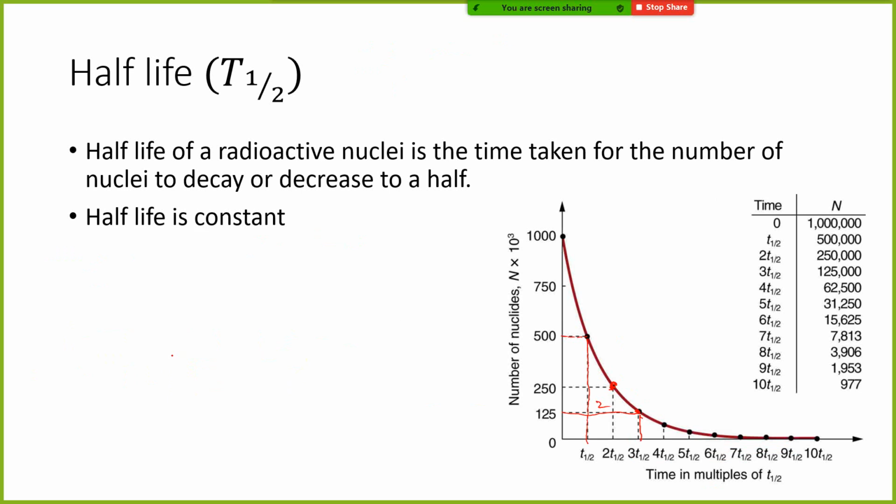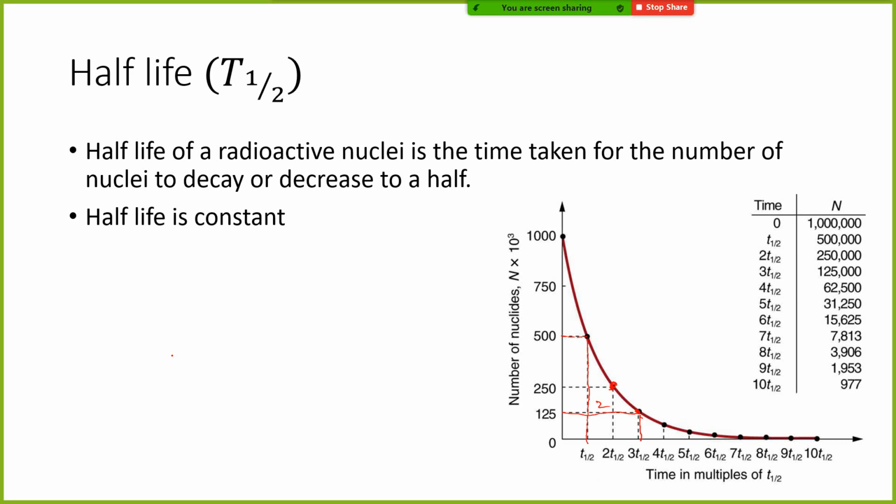Half-life, as you can imagine, is the time taken for the number of nuclei to decay or reduce to half of its initial amount. So if you start off with 1,000, right? When it reaches 500, the time at that point would be your half-life, and that just simply means the time it takes for the initial substance to reduce to half.